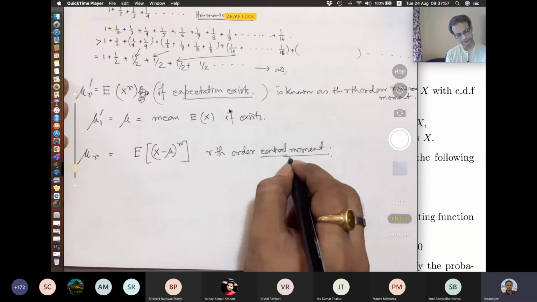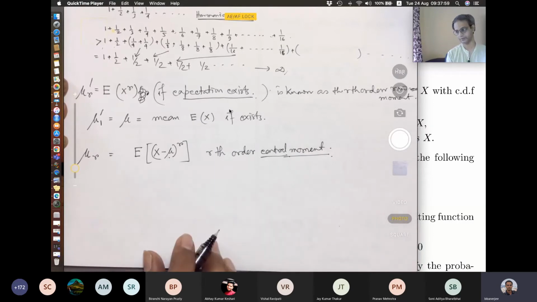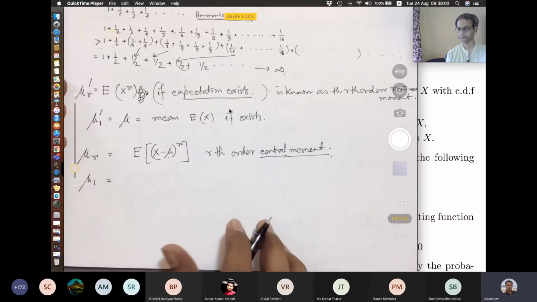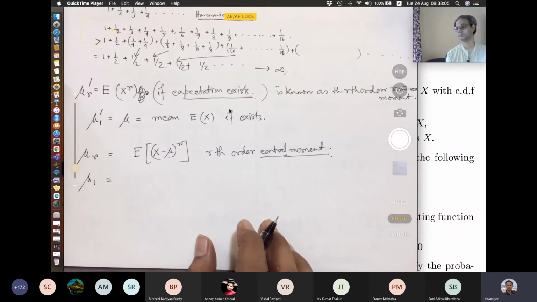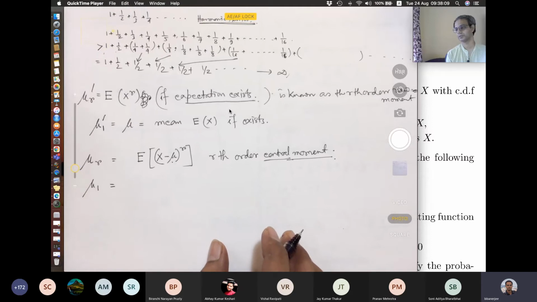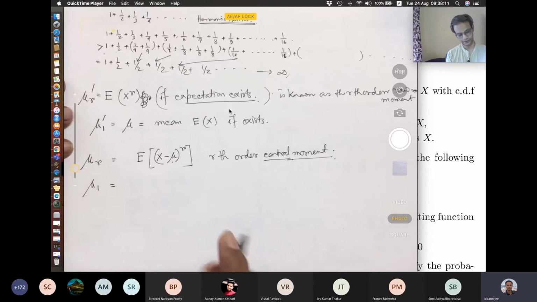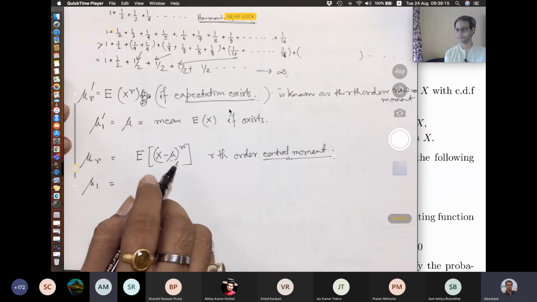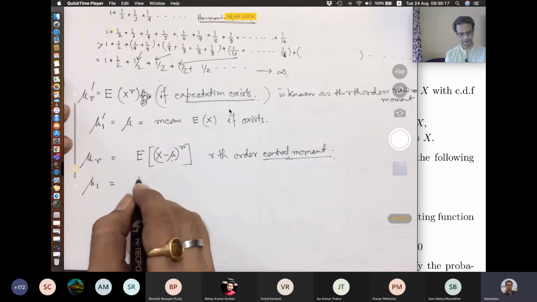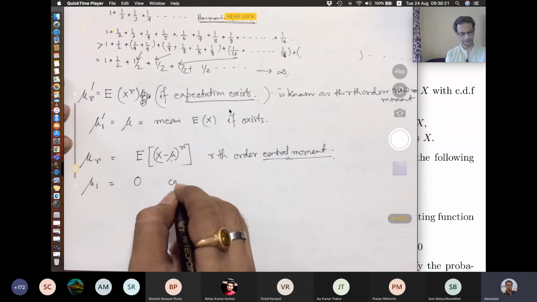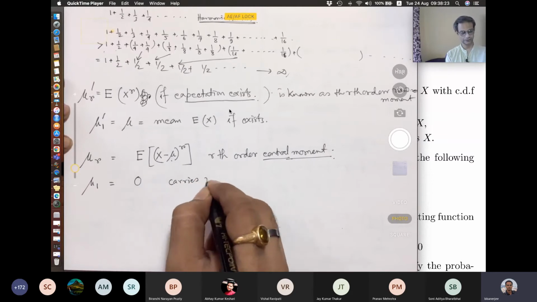So central moment means mean subtracted. Can you please tell me what will be mu1? What will be mu1? 0. Zero. So it carries no information.